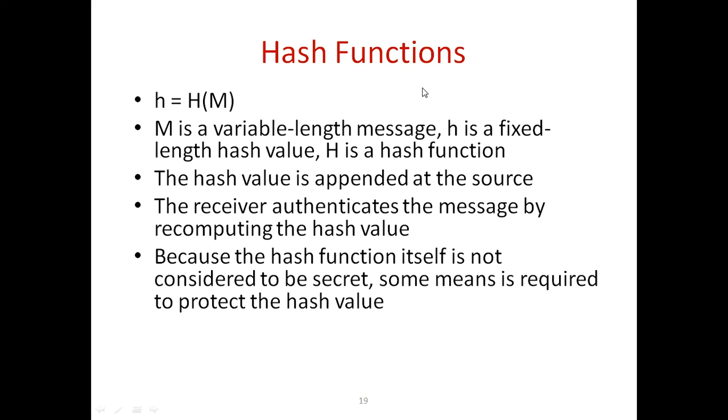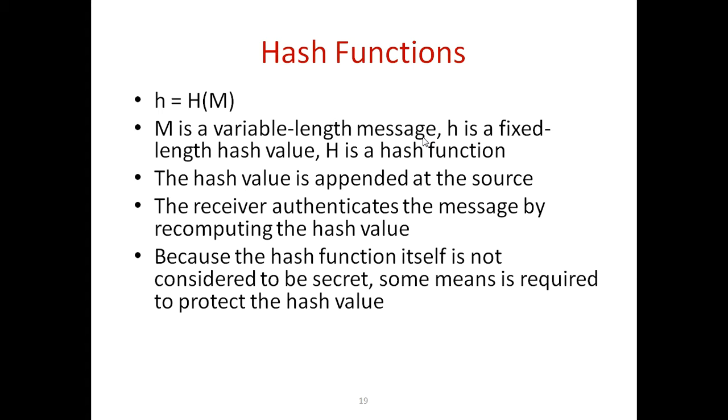What is a hash function? Hash was already discussed a little in the last classes. A hash is a mathematical function applied on the given plain text, and then you get the hash code, also called the message digest. Here, M is a variable length message, an arbitrary length message, depending on the hash function you designed.